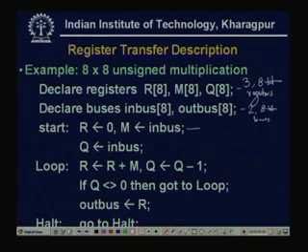Now, in bus to Q means the data available on in bus is also transferred to the register Q. As a general rule, a comma inserted between operations means they can be executed concurrently, that is, performed in parallel. This is a concurrent execution.